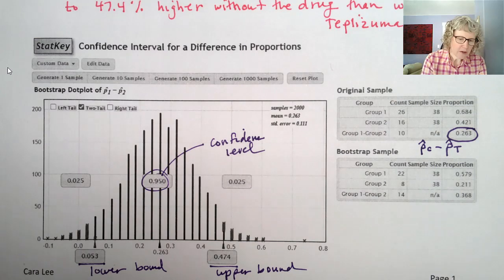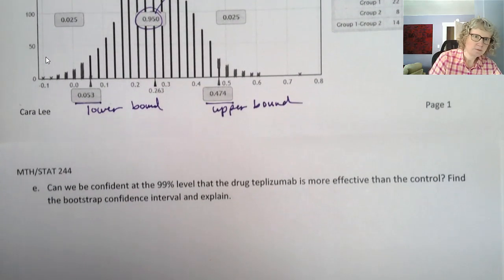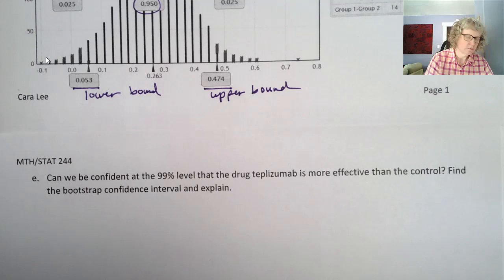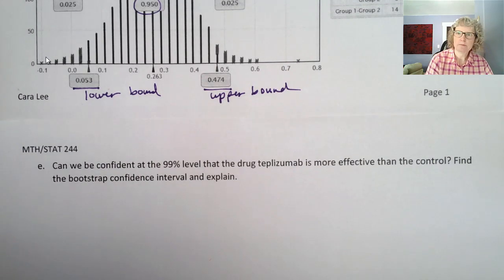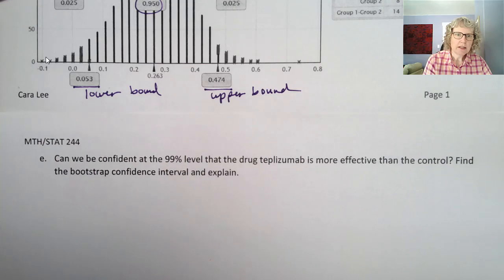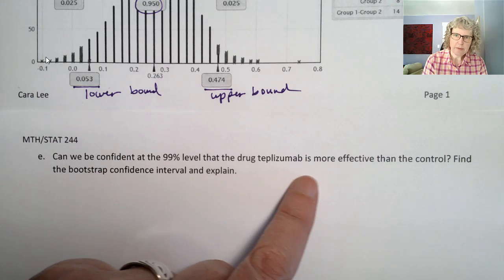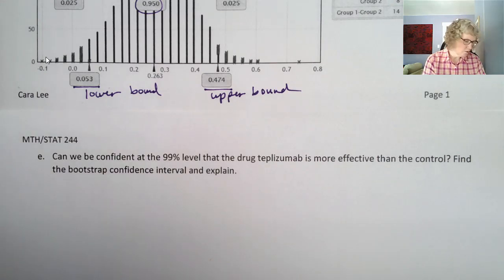Okay, so I'm going to go to the next page, and let's look at a different confidence level. So let me scoot this up a little bit. Okay, can we be confident at the 99% level that the drug teplizumab is more effective than the control?